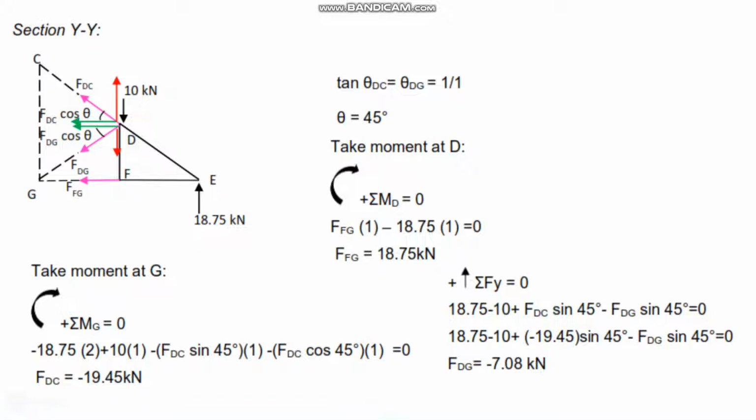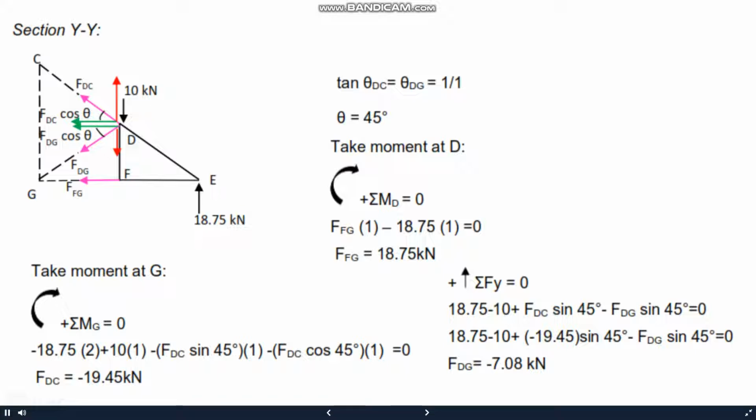At the YY cutting section, there are members FDC, FDG, and FFG. And you know the intersection of FDC and FDG is at point D. We take a moment at D and get FFG equal to 18.75 kilonewton.